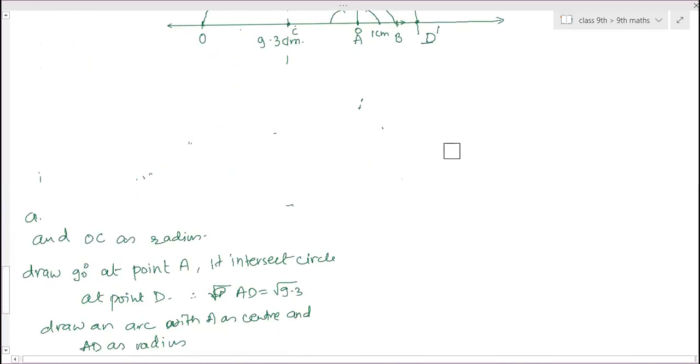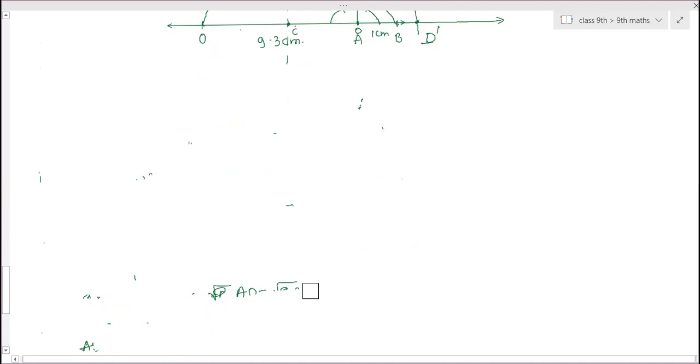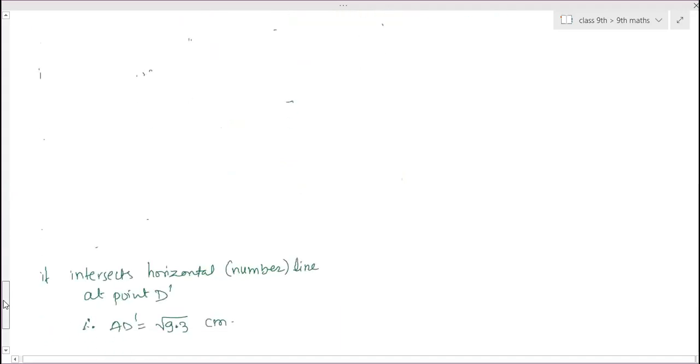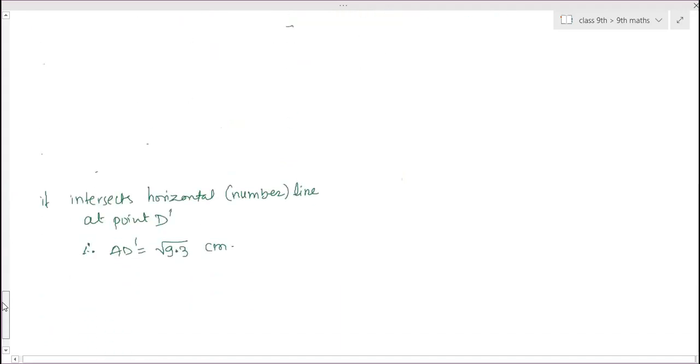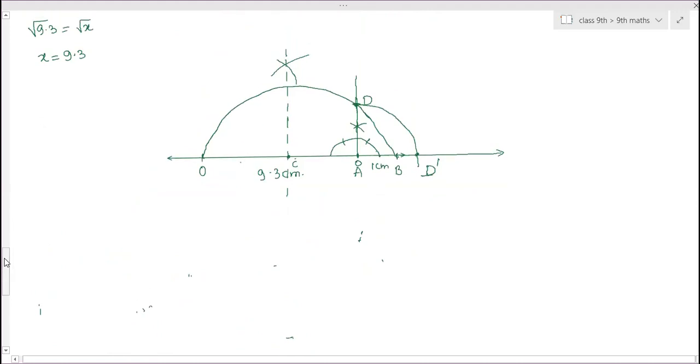Can you show the last line of the step? Okay, so now see what has been done.